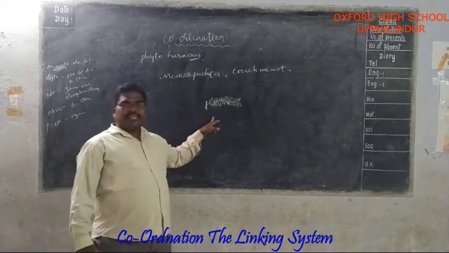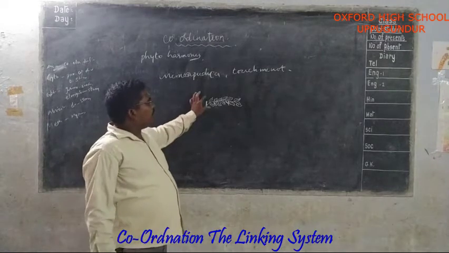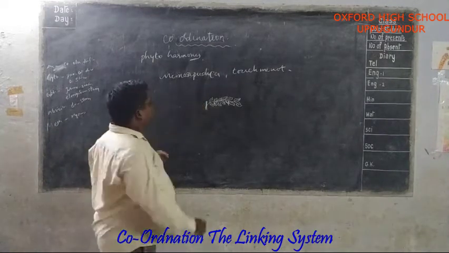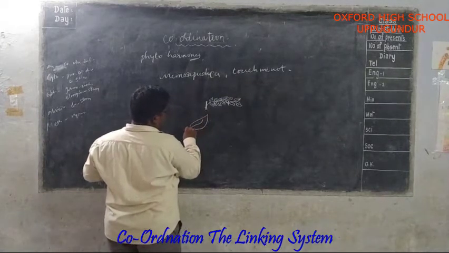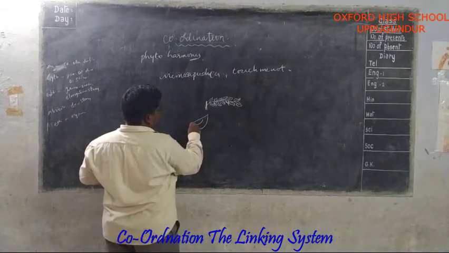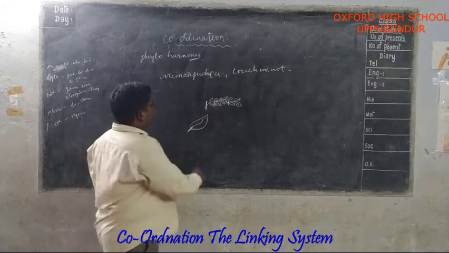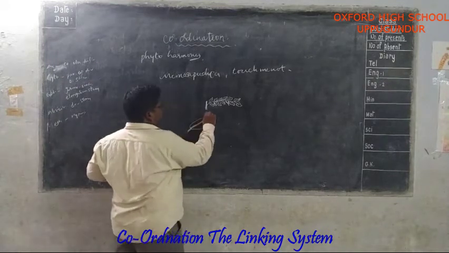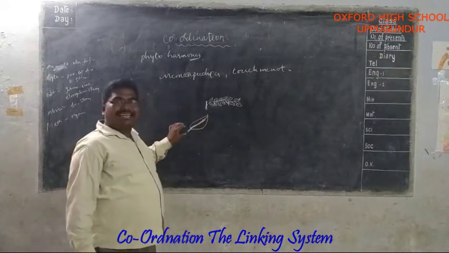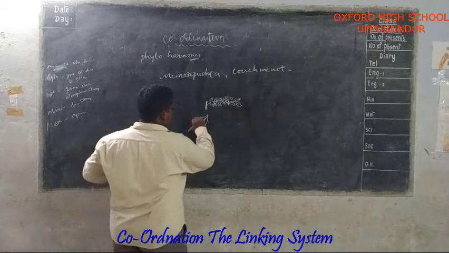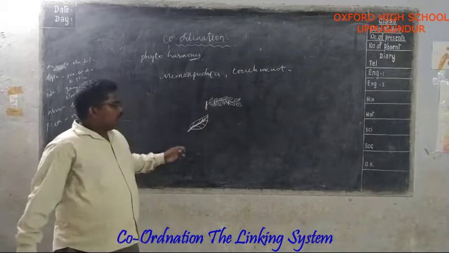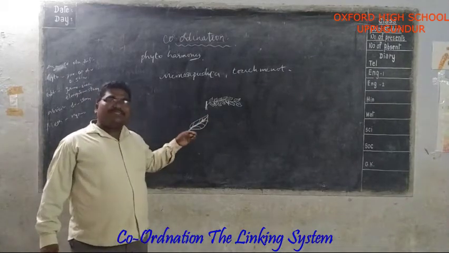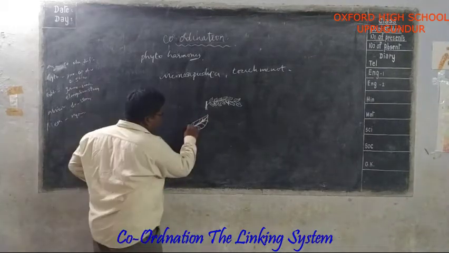Here, if you see, the Mimosa pudica leaf cells have pad-like swellings at the base.